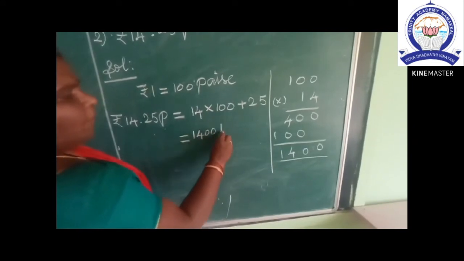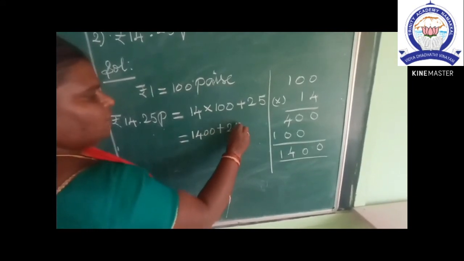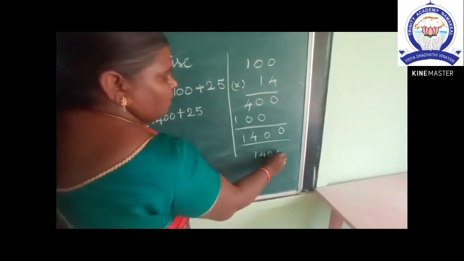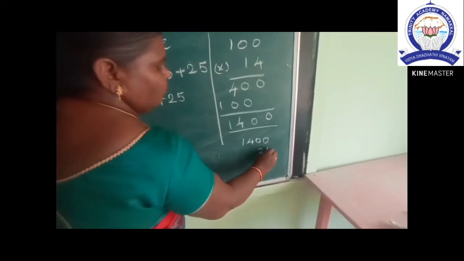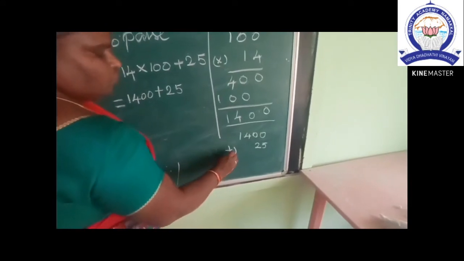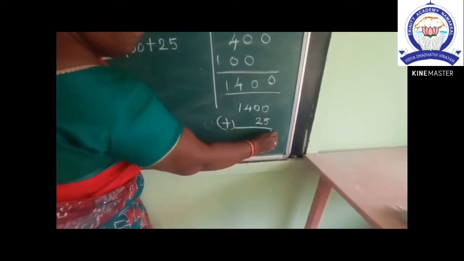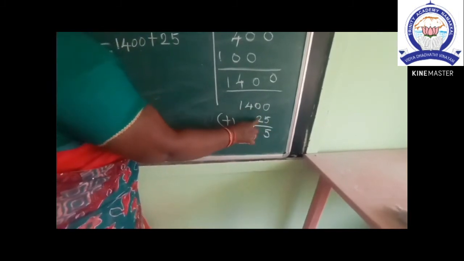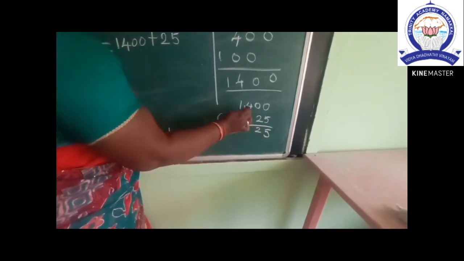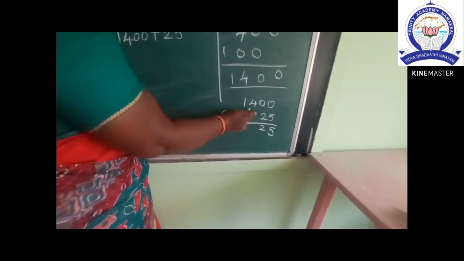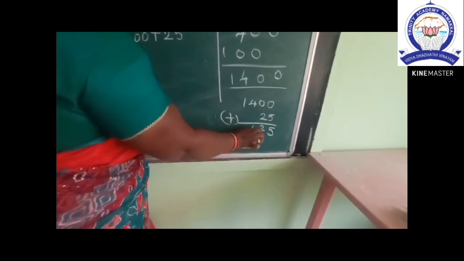1400 plus 25. Now you add 1400 plus 25. 0 plus 5, 5. 0 plus 2, 2. 4. Here no number, you assume 0. 4 plus 0, 4.